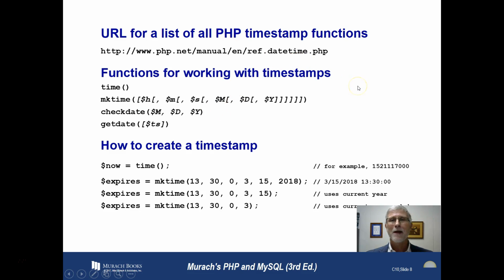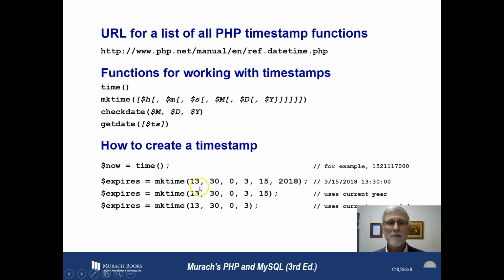If you want all the different timestamp functions, of course, the manual on PHP.net has a whole lot more. One of the ones most people use is the time function: give me the timestamp for this moment.